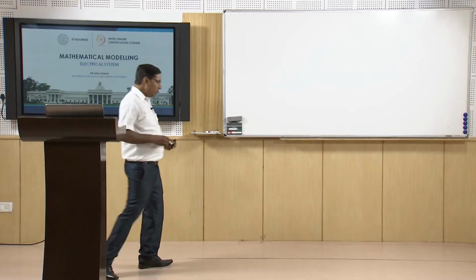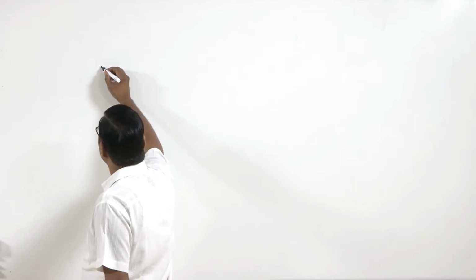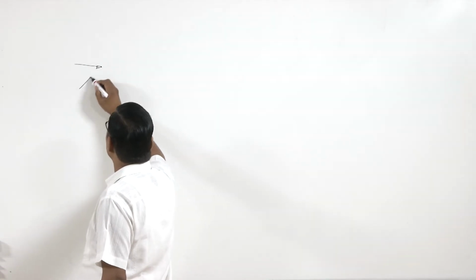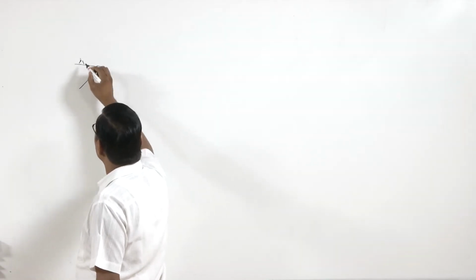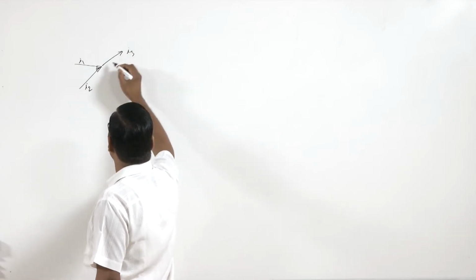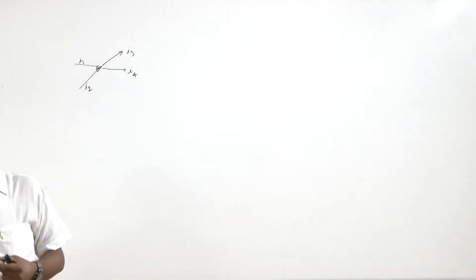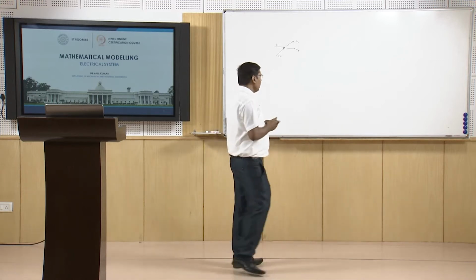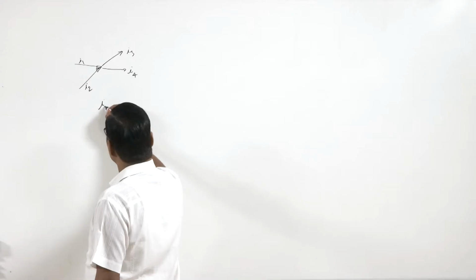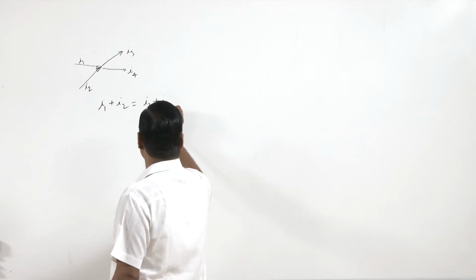So, if we have some point in an electrical circuit with currents I1, I2 coming in and currents I3, I4 leaving, then according to this current law, I1 plus I2 equals I3 plus I4.